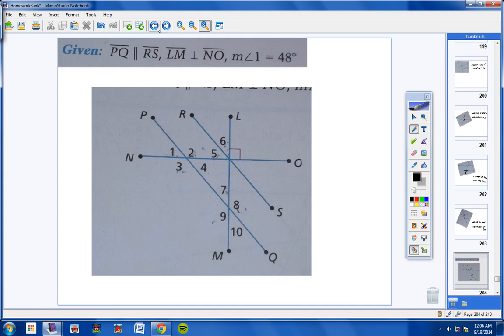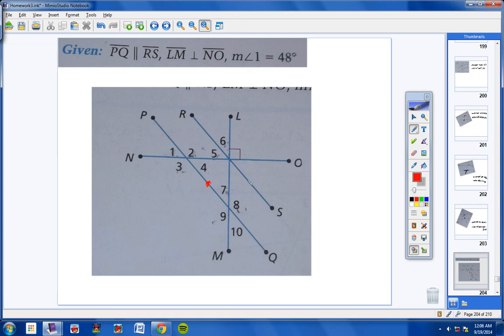Okay? All right. Moving on to number 17, I believe. The directions say to use the given information to find the measure of all the angles that are labeled. So we really have our work cut out for us, and this is not going to be easy. Here we go. I'm going to cross things off and write things in here. We know that PQ is parallel to RS, so I'm going to very quickly put that on here.